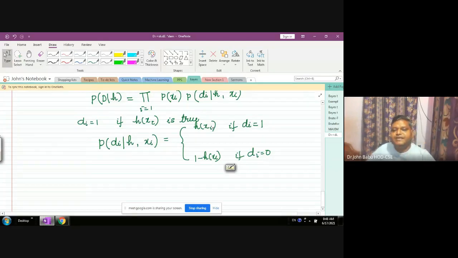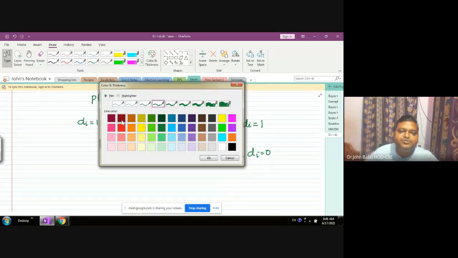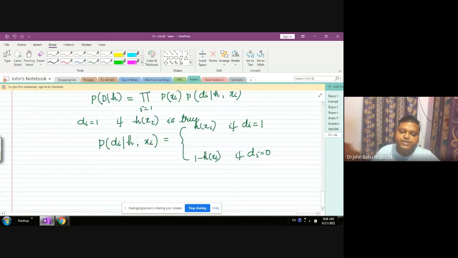The same formula I can write in a different way so that we can substitute it in the equation. I am not writing a new equation here.